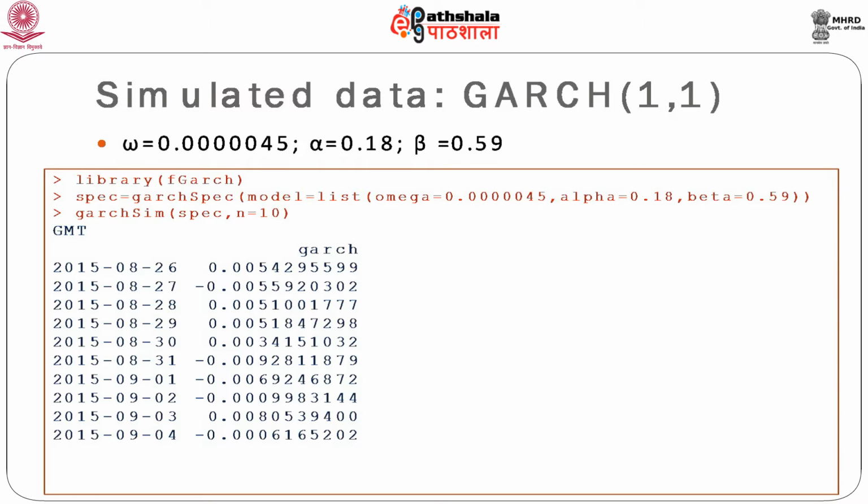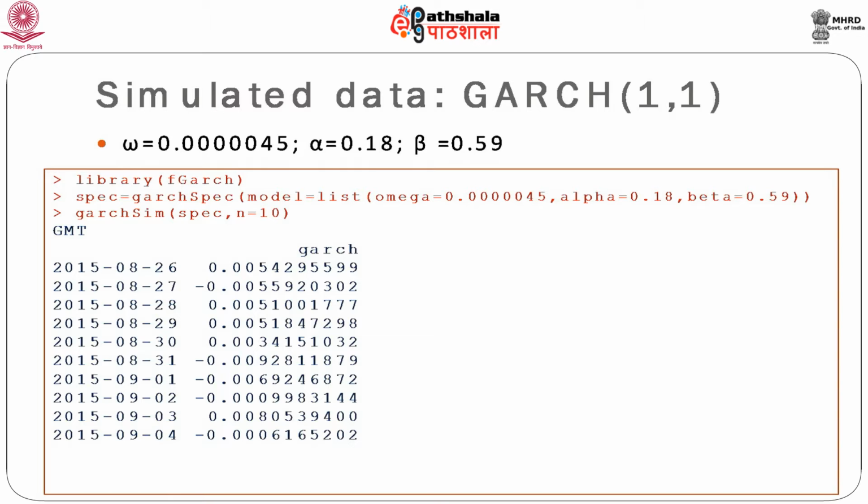The fGarch package has options for simulating data by setting the initial parameters omega, alpha and beta. For omega I assume a very small value, just to ignore the error component from the data and only focus on the noise part.